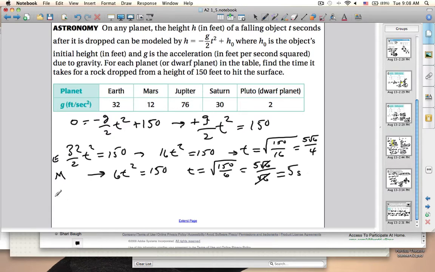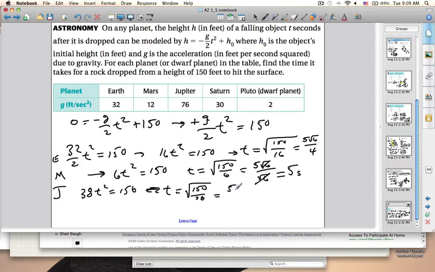Okay, Jupiter. 76 divided by 2 is 38, so I'll have 38t squared is equal to 150. So, sorry, t will be equal to the square root of 150 over 38.